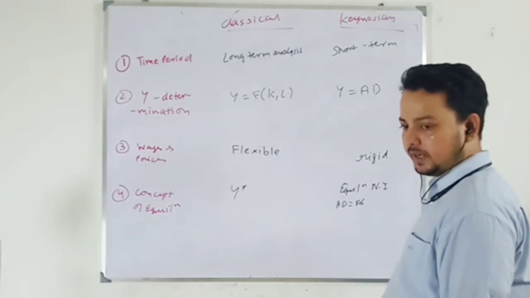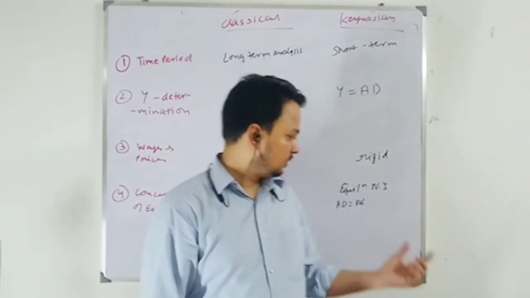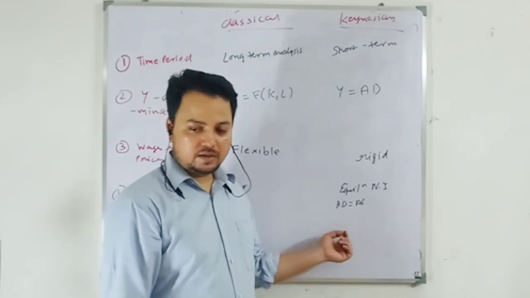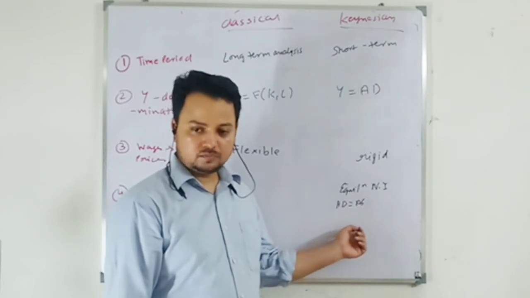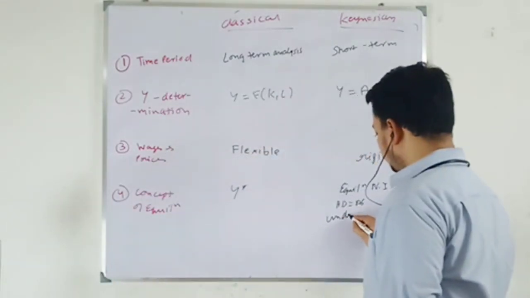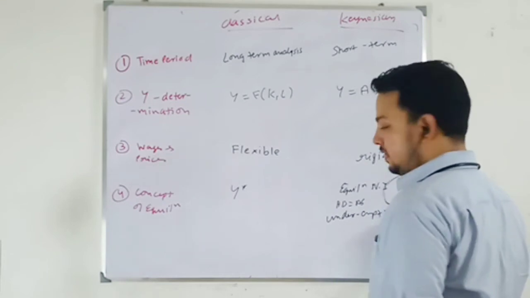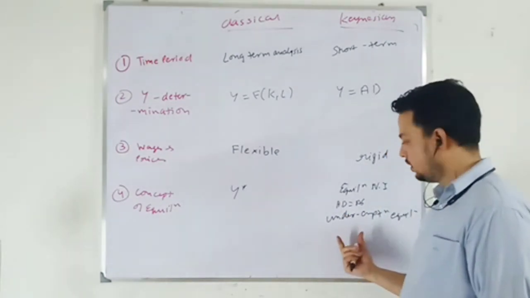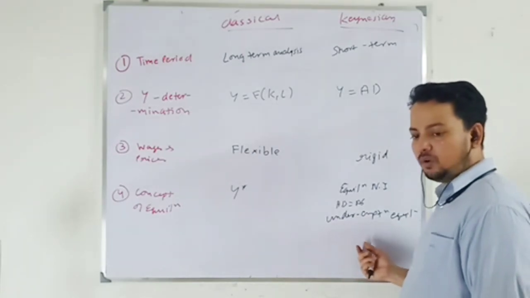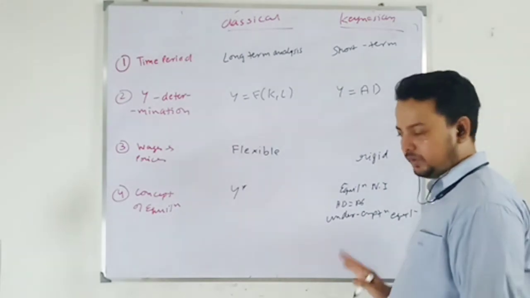Equilibrium can be under-employment equilibrium, that means less than full employment equilibrium. Okay, equilibrium can be under-employment equilibrium and over-employment equilibrium. Okay, that means above full employment equilibrium.